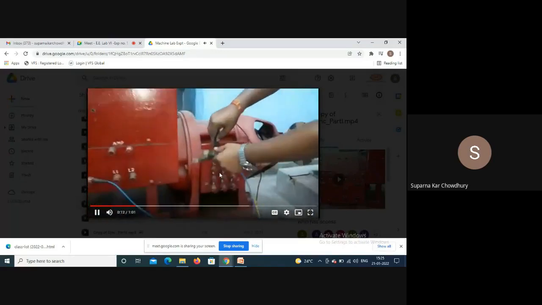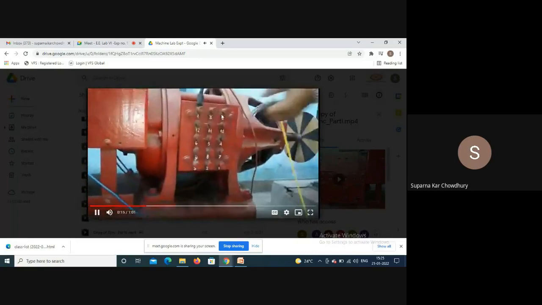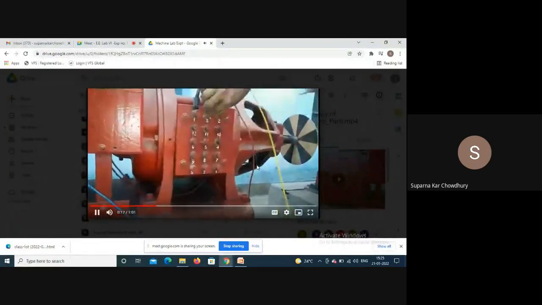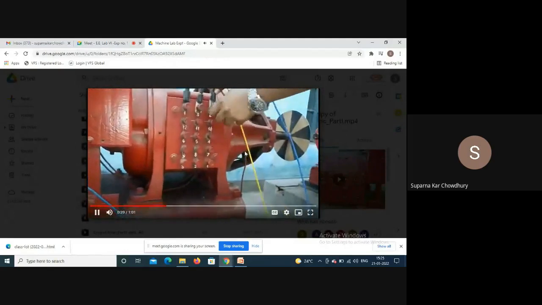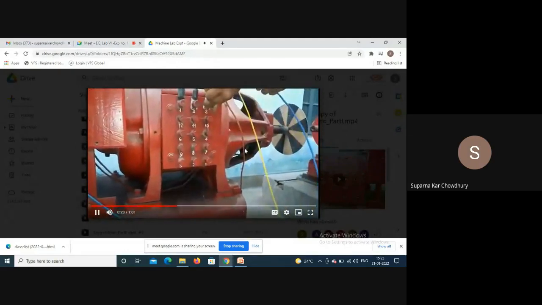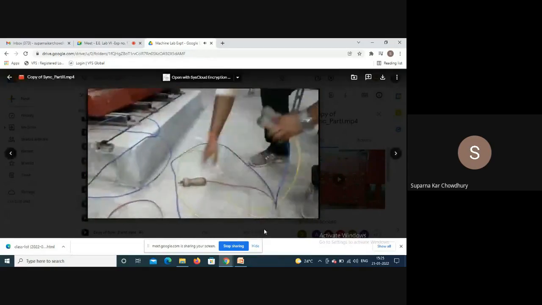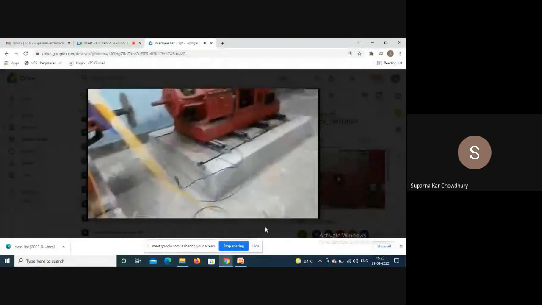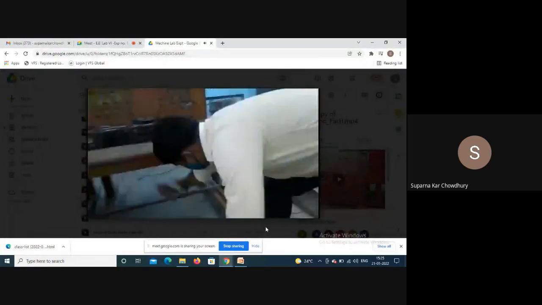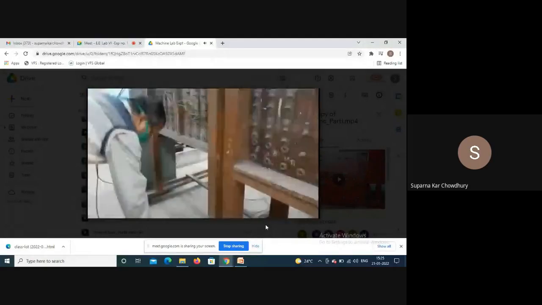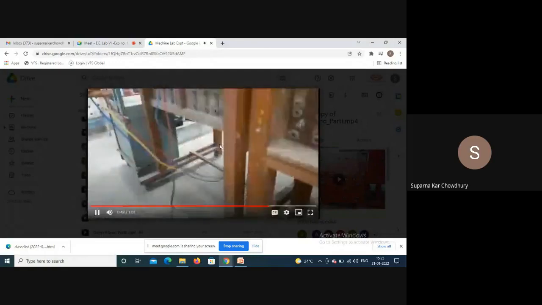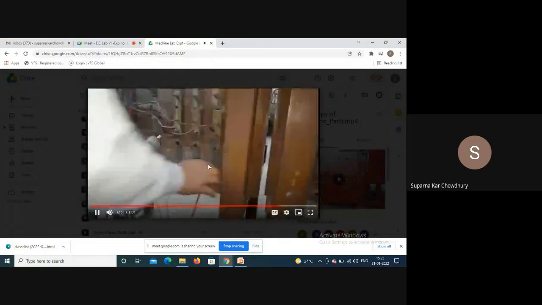This is the alternator connection. This is 1, 2, 3, the terminals of the alternator. Terminal of the star connected alternator. So these three, this is the board, the lower side of the board.